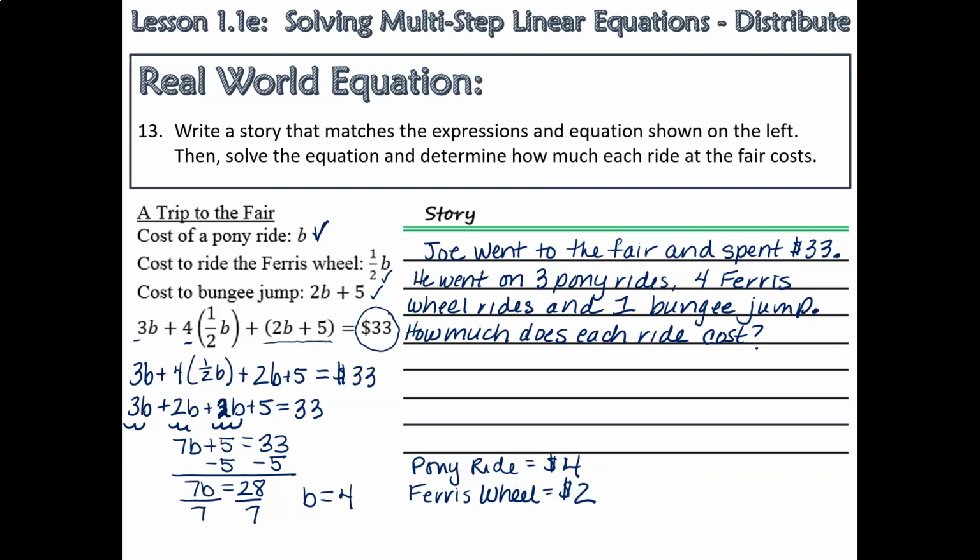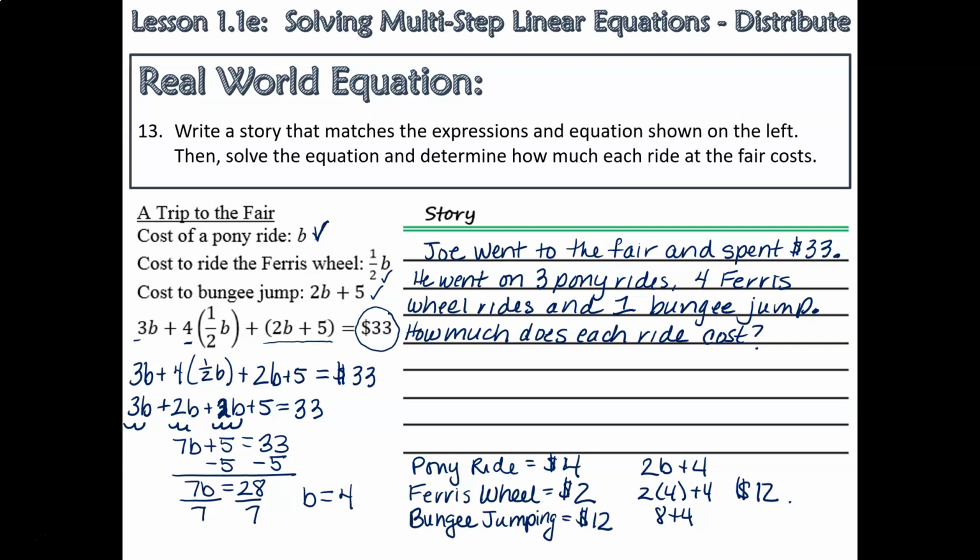And for the crazy people that want to bungee jump, you're going to take 2B plus 4. So I'm going to plug that 4 in where the B is. So 8 plus 4 is 12. So bungee jumping is $12.